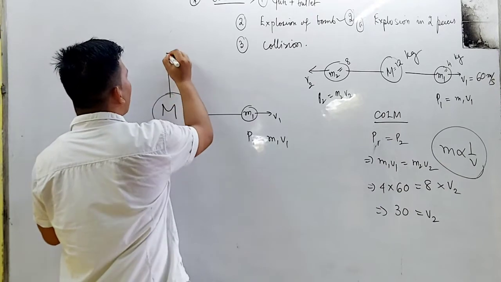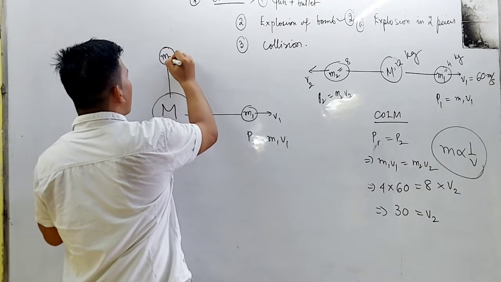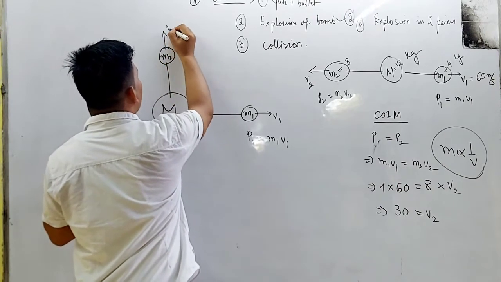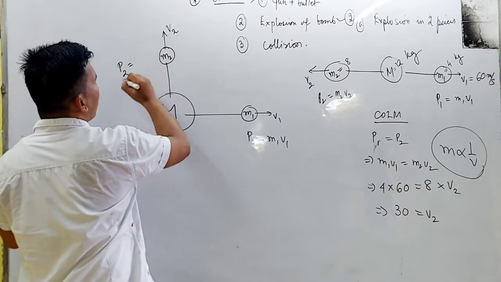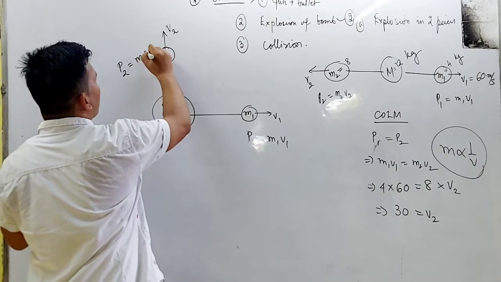The second fragment is moving along the positive y-axis with velocity V2, so that its momentum P2 is equal to M2 V2.